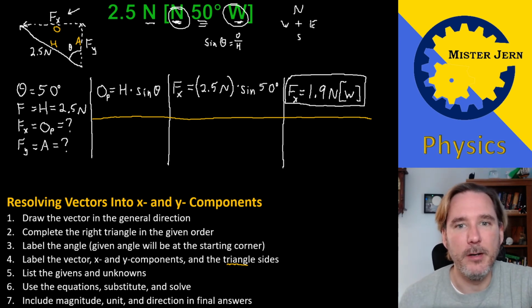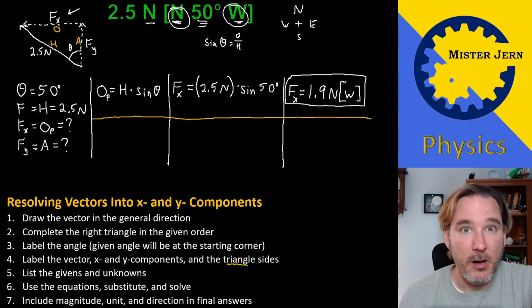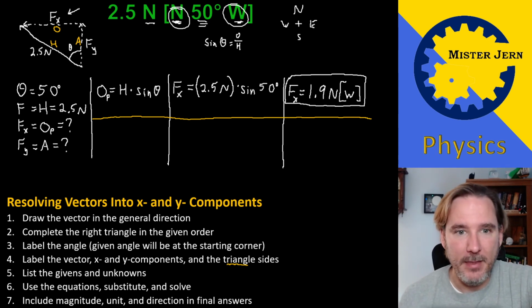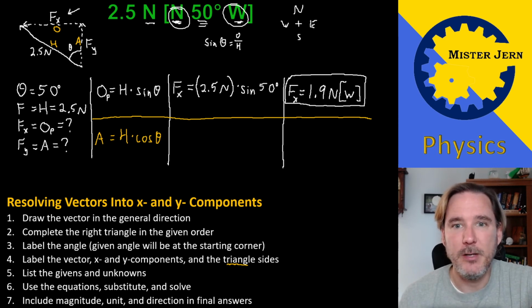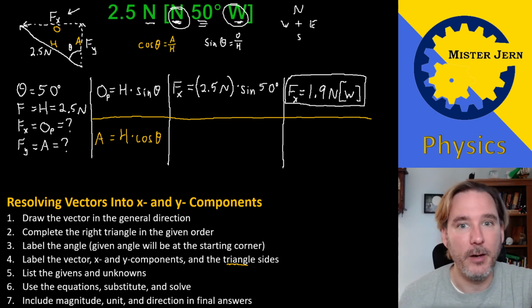So now the next equation is always also going to be the same, and this one is the adjacent side is equal to the hypotenuse times the cosine of theta. We got that one from the other equation. Let's see, that would be right here. Cosine of theta is equal to adjacent over hypotenuse. So that's CAH from SOHCAHTOA.